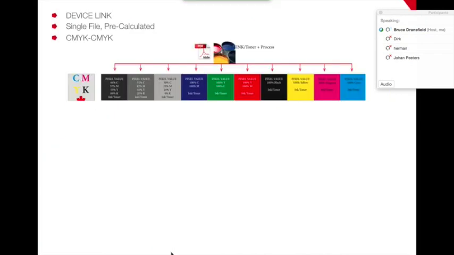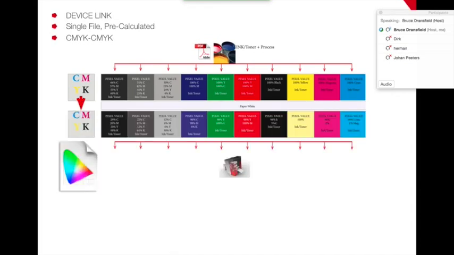So the idea with a device link is that you can cut the middleman out and go straight from CMYK to CMYK. So it's a single file, it's pre-calculated. There are pluses and minuses to both of these ways of working.